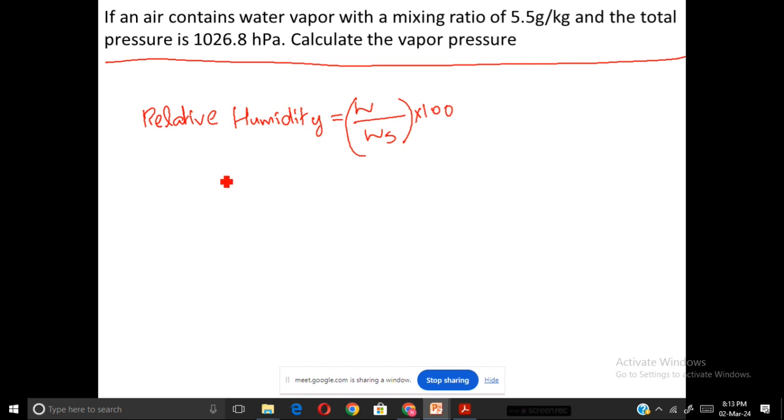So basically, it means how much is the amount of water molecules that the parcel is holding now and how much is its maximum limit. Suppose the air parcel is holding 20 water vapor molecules, and the maximum capacity of the air parcel is 30 water vapor molecules.